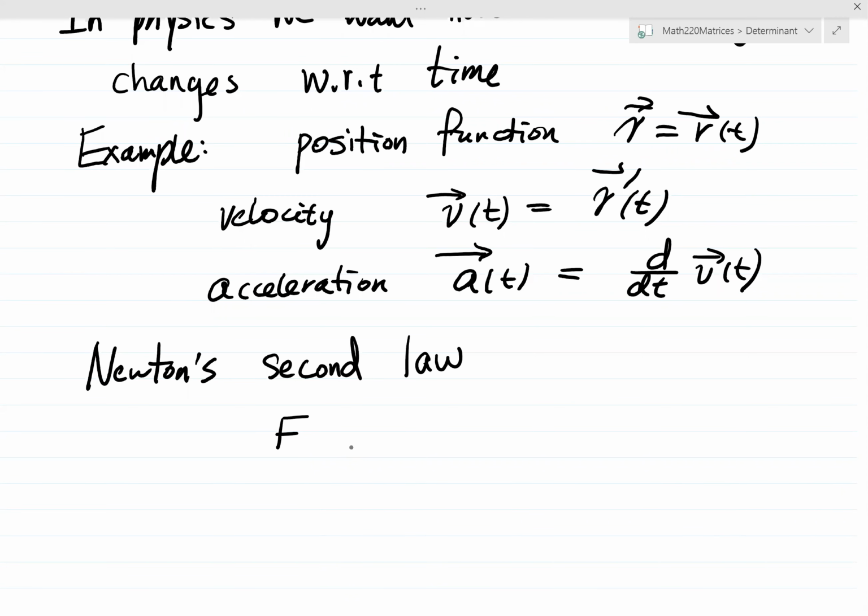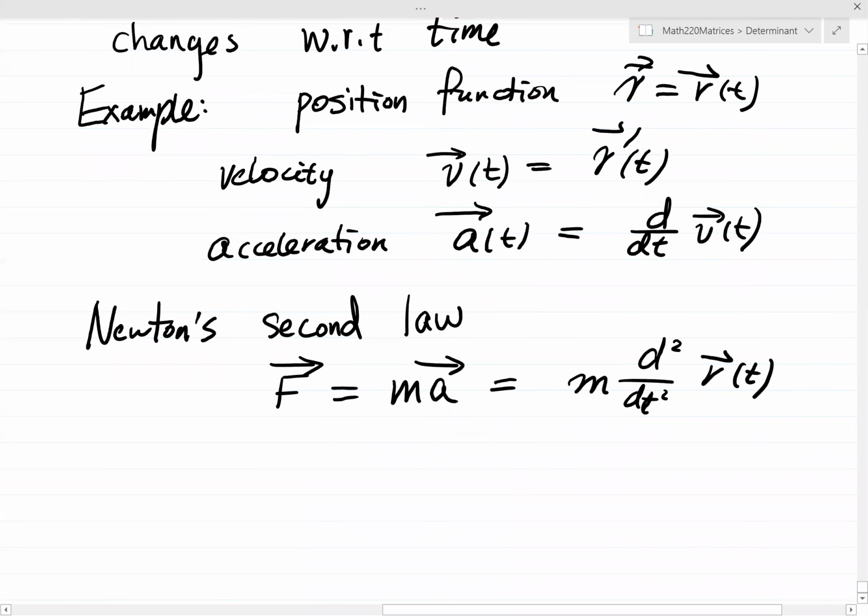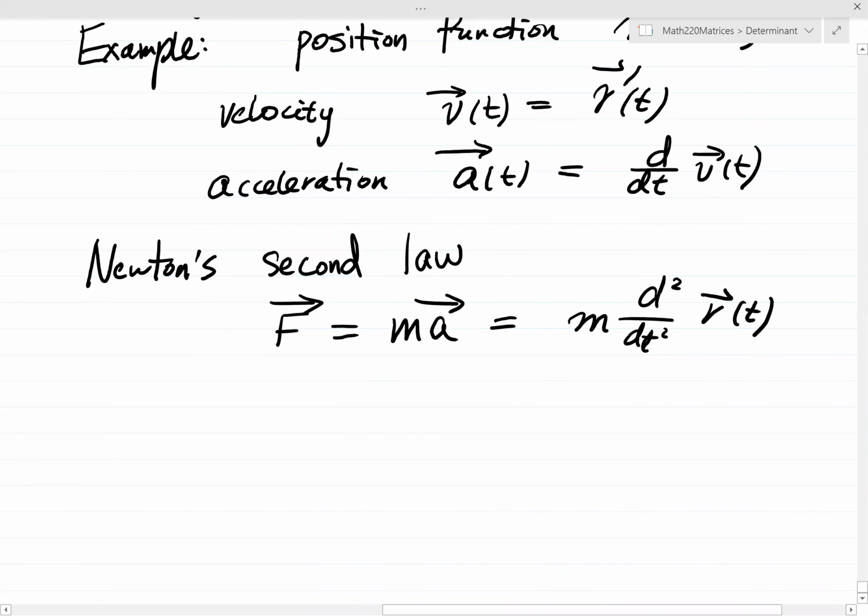Newton's law actually unifies all these things with the mechanics of objects on the Earth. F equals ma. If you write this as m times the second derivative of this vector r(t), this is one example. So we have this second-order differential equation in physics.